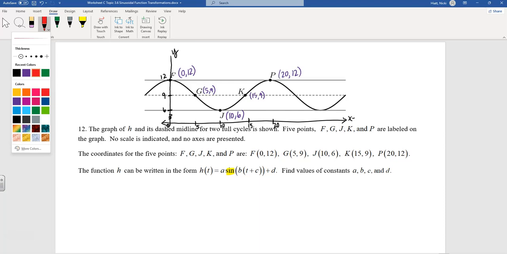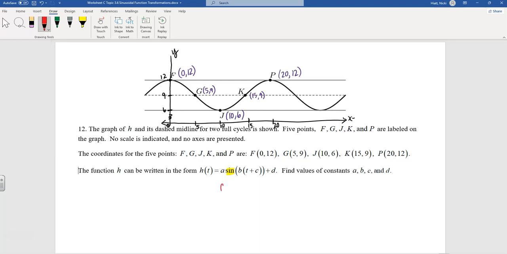Some things are pretty easy to find even without thinking about that, and that is amplitude and midline. When I'm thinking about this graph, my A value is going to be 3, because that is your amplitude, your distance from your midline up to your highest point.